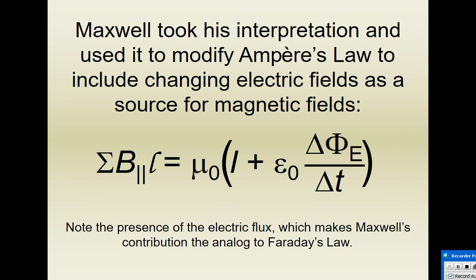And so what he did was he took Faraday's idea of using flux, a flux that changes in time. So Faraday said a magnetic flux changing in time creates an electric field. So Maxwell twisted that around and said, okay, a changing electric flux creates a magnetic field. And so he tacked on this term to Ampere's law that deals with the change in an electric flux over time, also giving rise to a magnetic field.